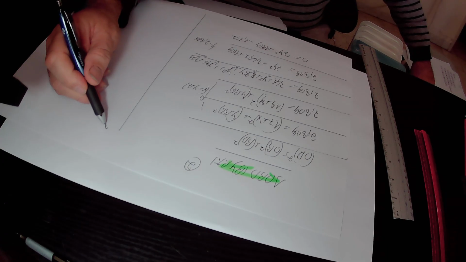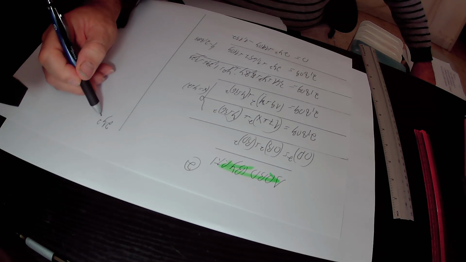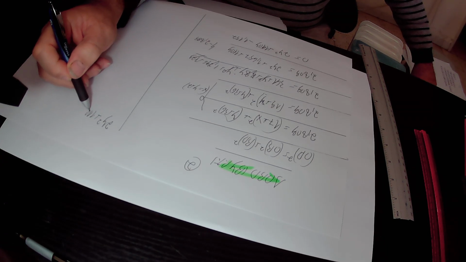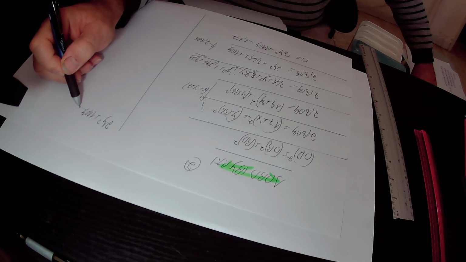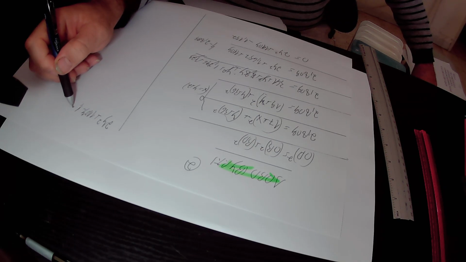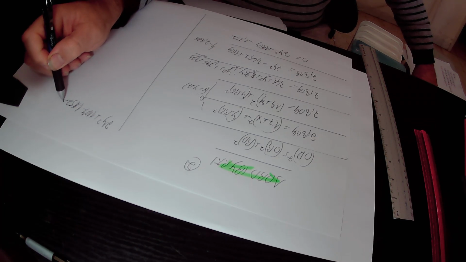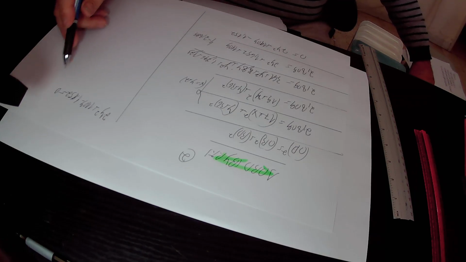So 2y squared plus 110y minus 1152 equals 0. I just copied this equation here.